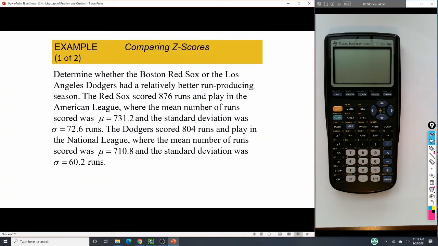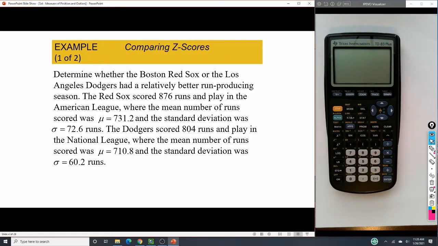All right, so for instance here, we have the Boston Red Sox and the Dodgers looking at some things. So they want to look at the individual pieces and wanting to know what is the z-score for these, okay? So we can see the runs for the Red Sox. We can see their mean, there's mu.